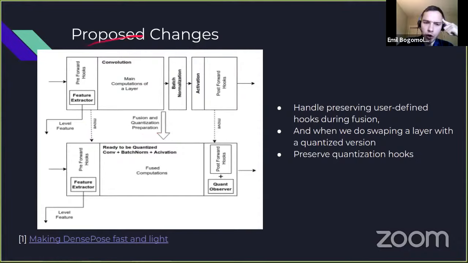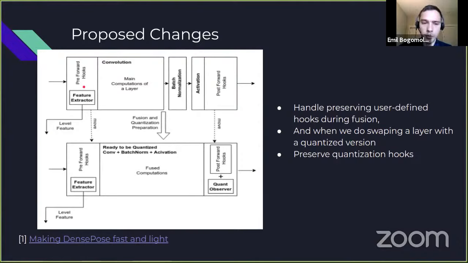It basically shows that quantization is done in two steps. In the first step, we fuse the modules into one intrinsic module. For example, you have convolution, batch normalization, and activation, and you can fuse them into one module named ConvBnReLU. Even at this stage, the pre-forward hooks and post-forward hooks were lost.